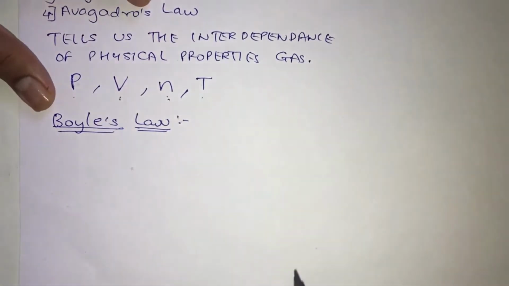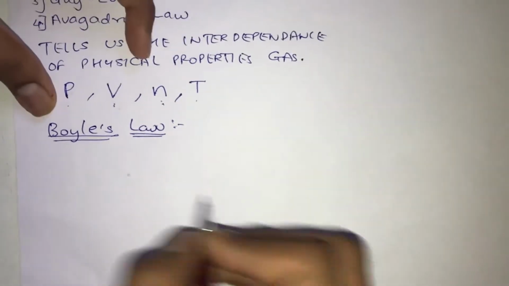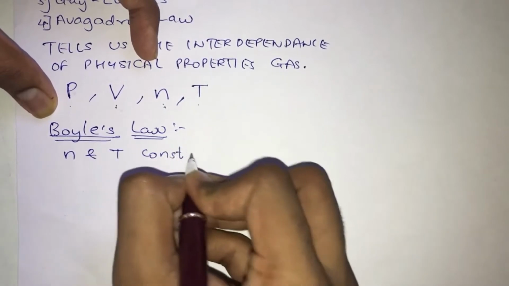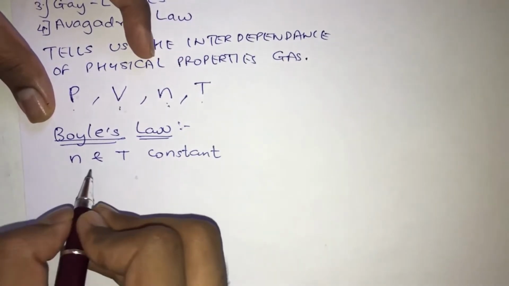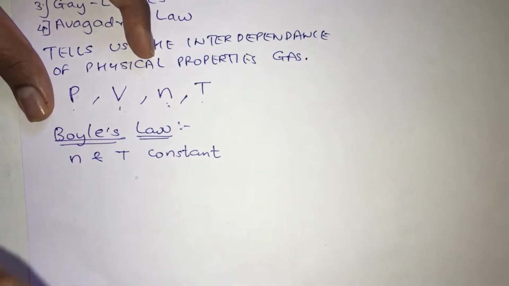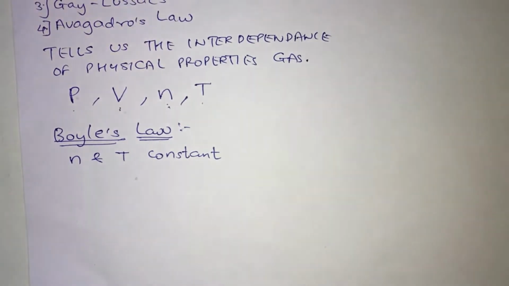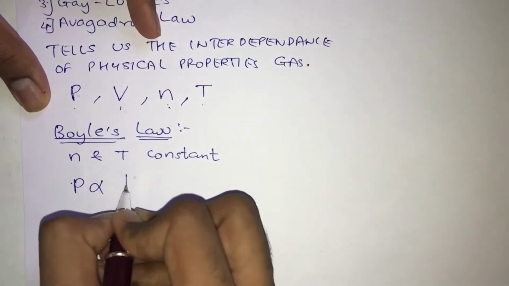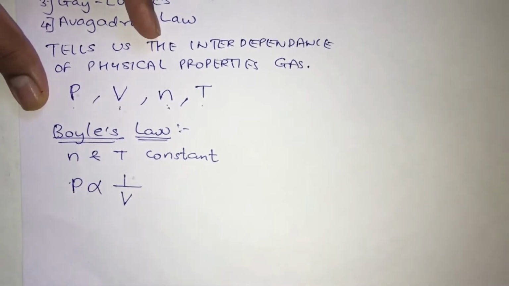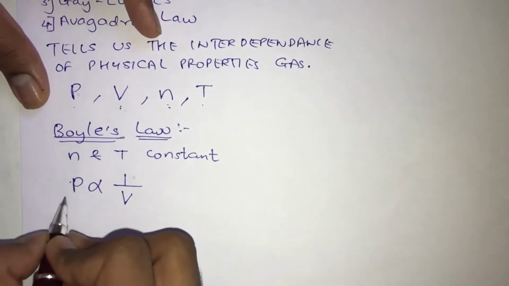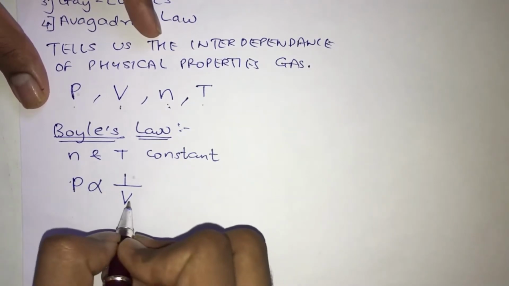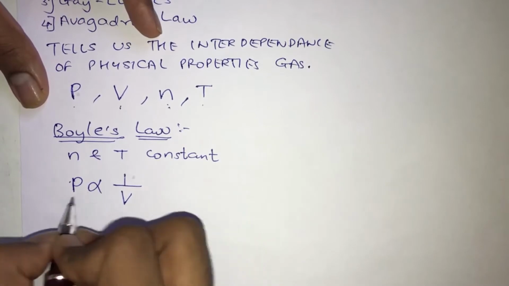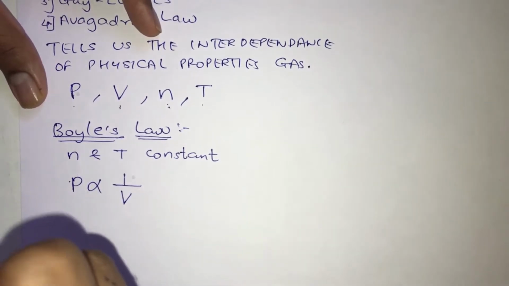Boyle's law tells us that if you keep the number of moles and temperature constant, that is, the number of moles of gas and the temperature of the gas are made constant, we are not going to change these values, then the pressure is inversely proportional to the volume of the gas. Which means that if you increase the pressure of the gas, the volume of the gas is going to decrease, and if you decrease the volume of the gas, the pressure of the gas is going to increase.